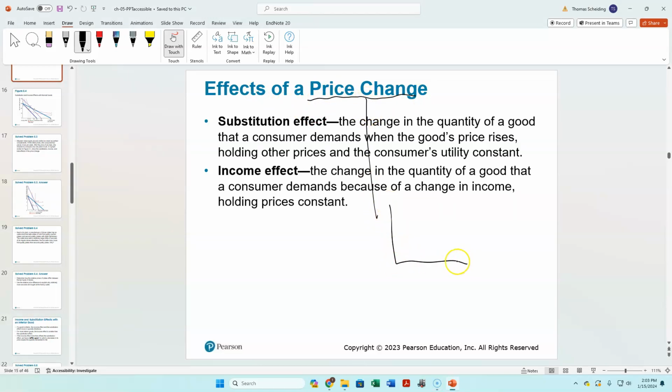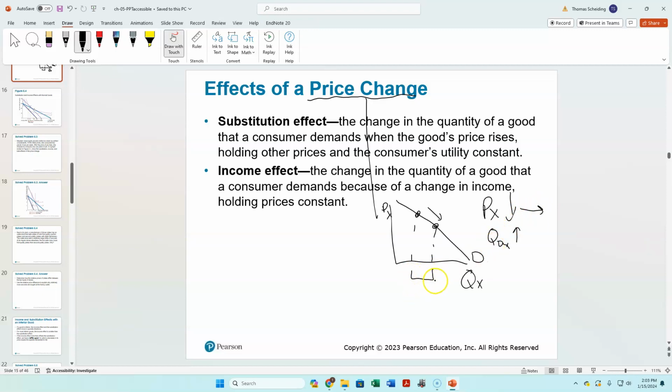So, what we know from our principles level class is that if the price of good X falls, the quantity demanded of good X rises. And we can see that change right here. Changing the price of good X leads to the quantity changing.